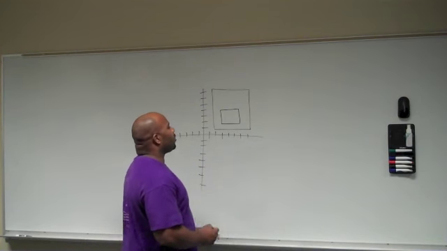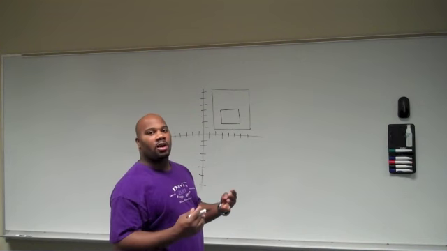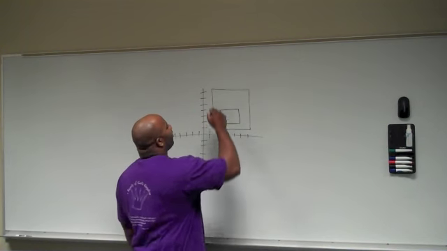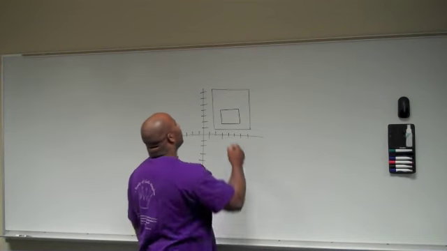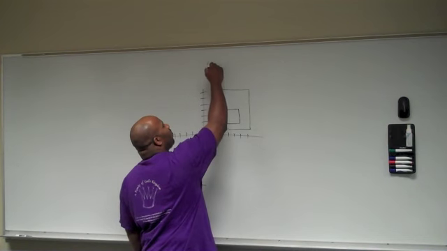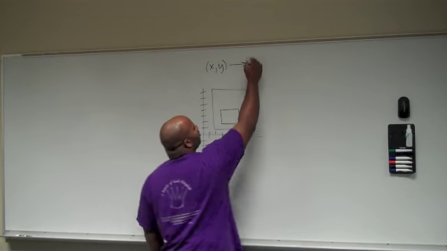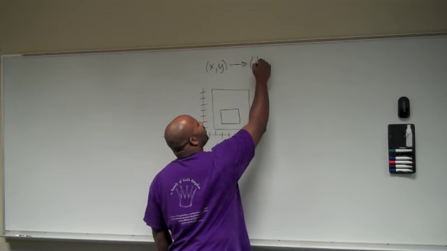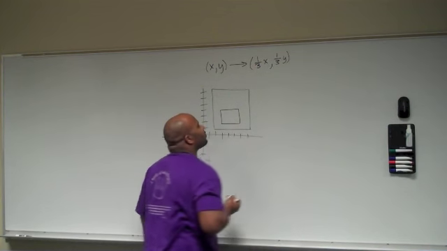So basically what happens is we take this larger figure, and because we're going from a larger to a smaller, we multiply it by a fraction, something less than 1. So we would say (x, y) from the larger figure goes to, let's say, (1/3 x, 1/3 y). Okay?